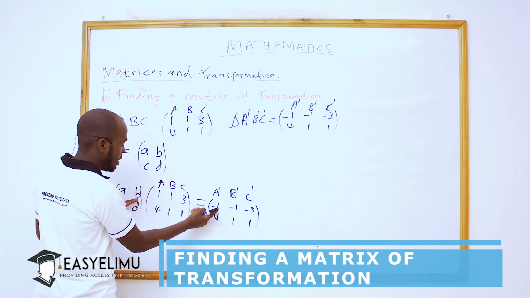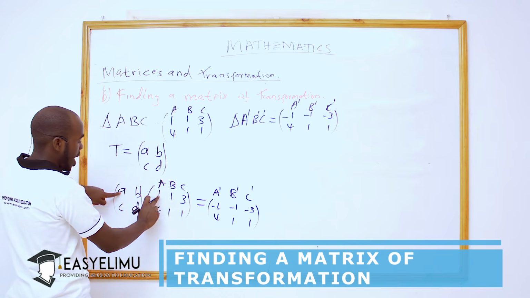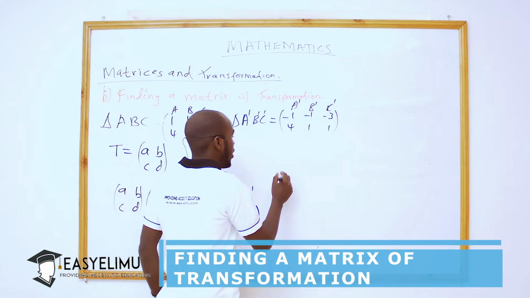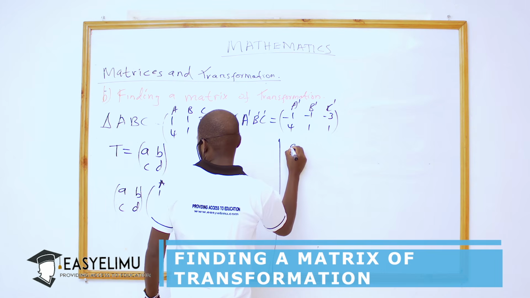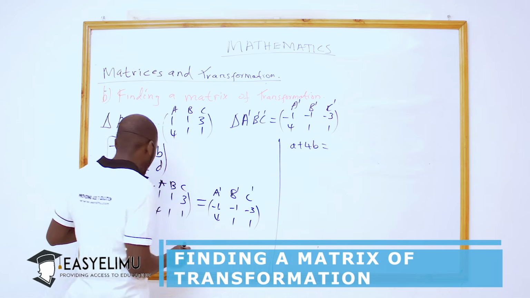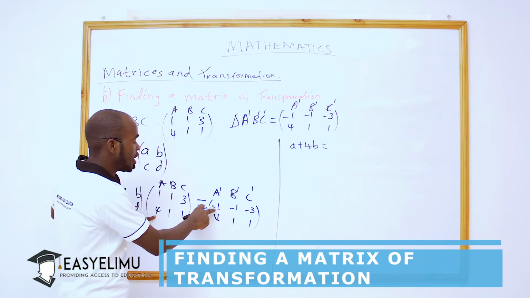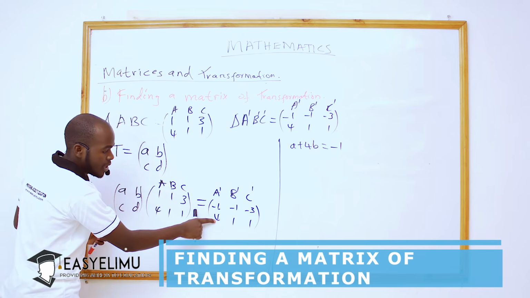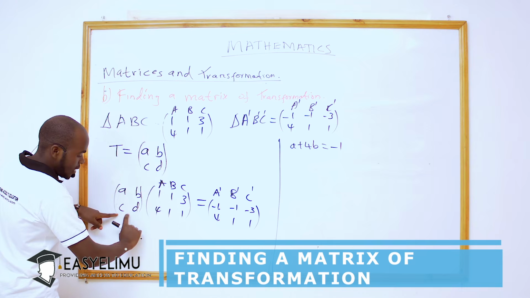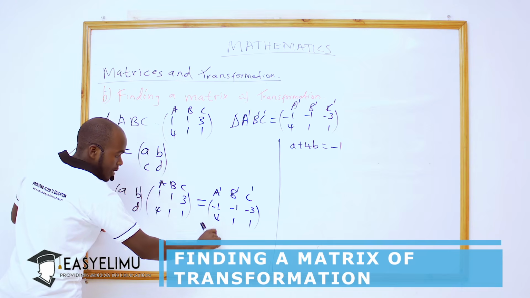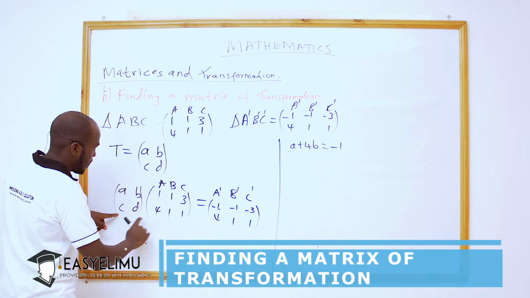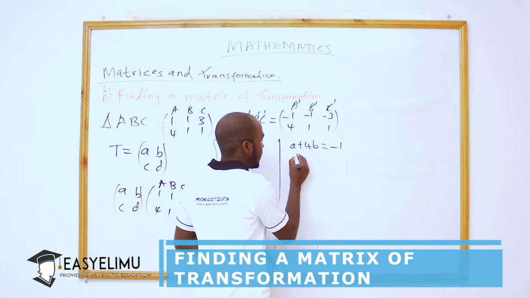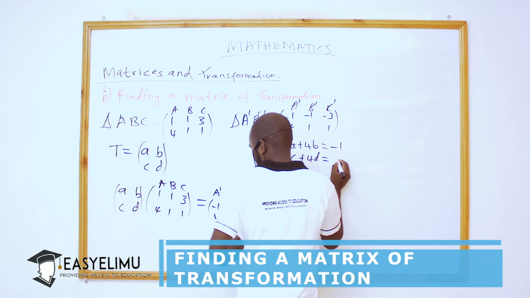For instance, A multiplied by 1 plus 4B gives A plus 4B, which is equal to -1. Now for the downward entry, C multiplied by 1 plus 4 multiplied by D, that is C plus 4D is equal to 4.